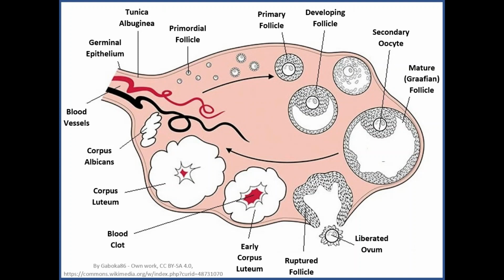Then inside the follicle, the primary oocyte will continue to divide by meiosis, forming 4 haploid daughter cells. Of these haploid daughter cells, 3 will degenerate and 1 will form the mature ovum, or a secondary oocyte.